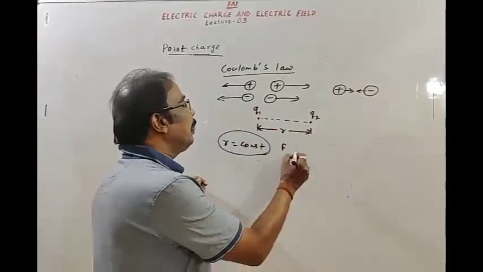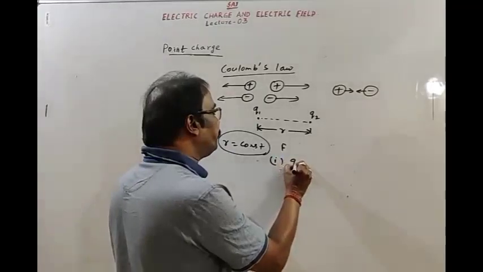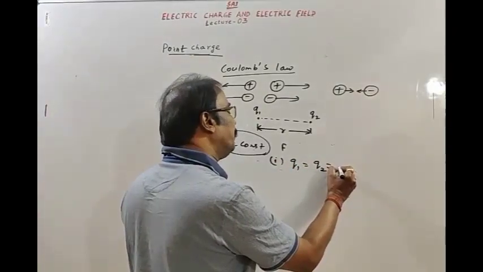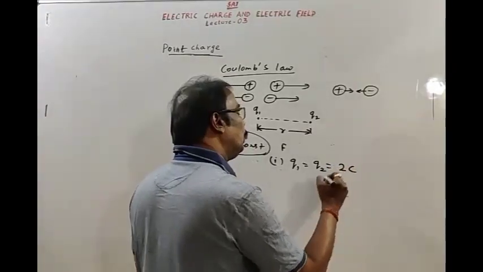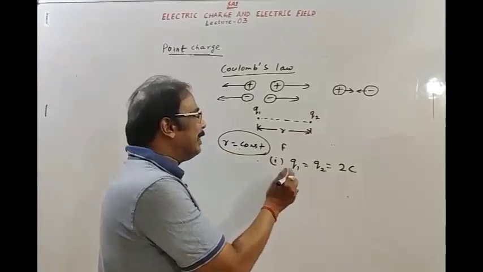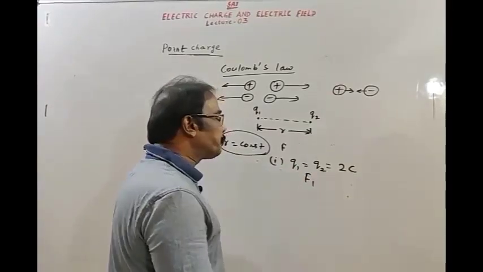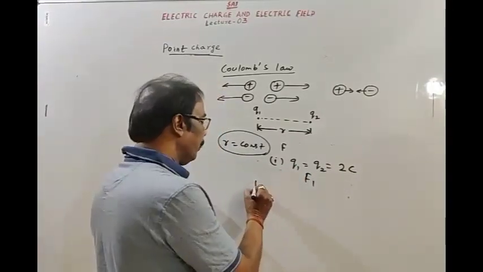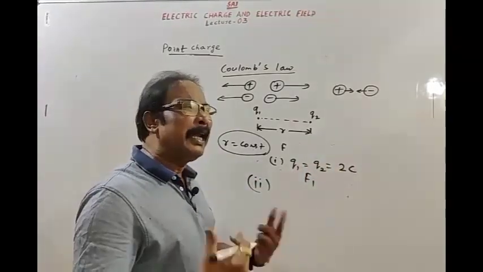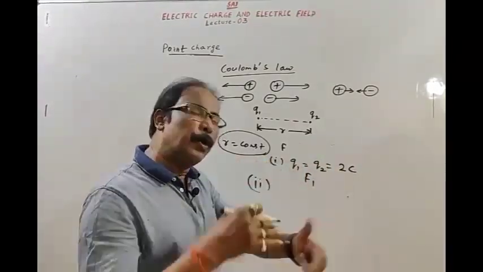Let in the first case Q1 is equal to Q2, with the magnitude of charge taken to be, let's say, 2 Coulomb. R is constant. Let the force calculated now be F1. Now the magnitude of charges is increased, let's say doubled.